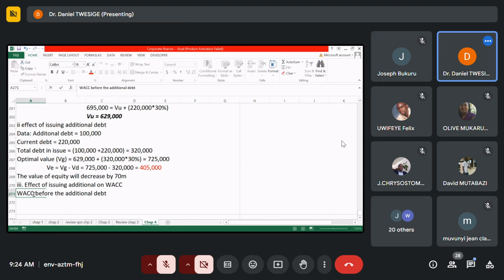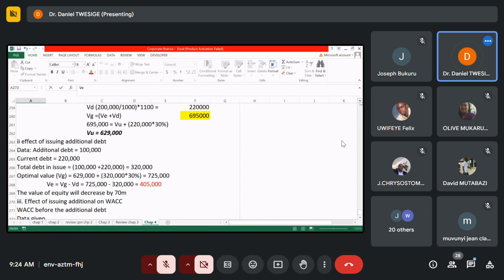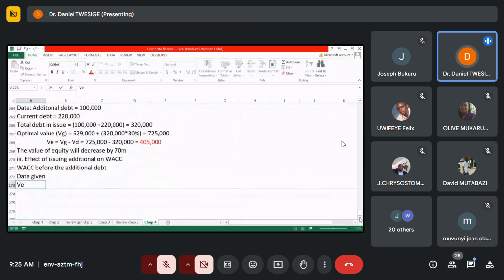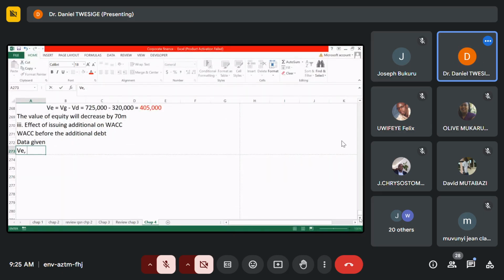So, from here, we have the data which we have already calculated. We have our VE, value of equity, 475.